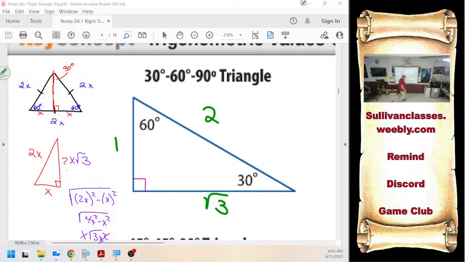Now, if you're getting a little confuzzled about where the 1 and the square root of 3 are, how do I know which one's which? Four minus 1.